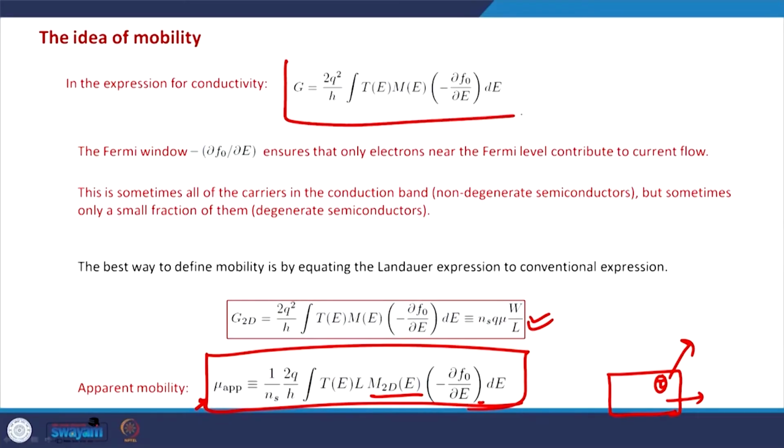Okay, so this is how we accommodate the idea of mobility in the formalism that we have developed. Although, as I pointed out earlier, we do not need it in order to calculate the device characteristics. We can do that from the fundamental expressions of the current and the resistance can be calculated from this expression.